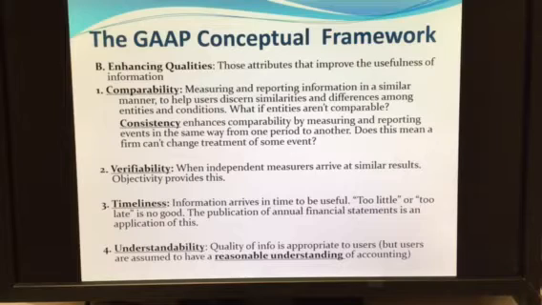If entities aren't comparable, if we allow too much leeway in how they record revenues or expenses, or what types of values they might use to value their assets, then we would find it much more difficult to determine how one company is faring relative to another. In other words, how Nike stacks up relative to Under Armour or to Adidas.